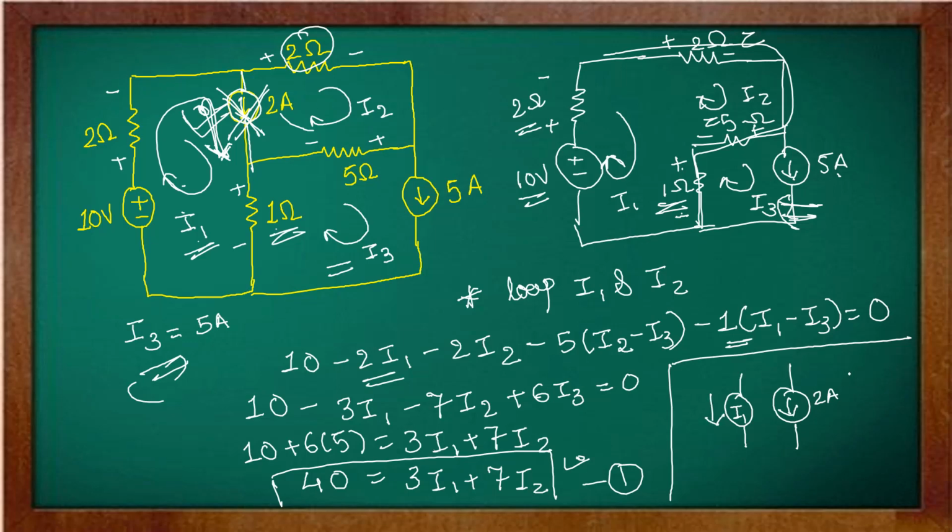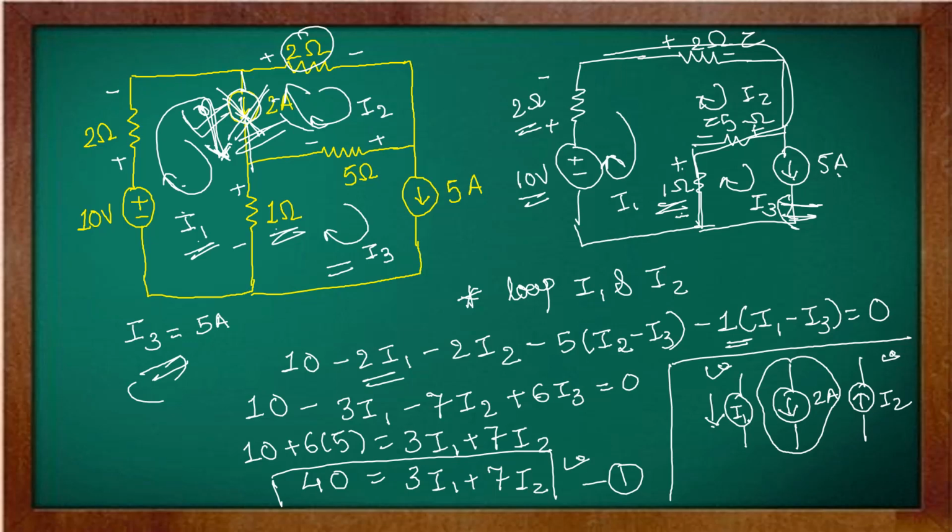Similarly, I2 is flowing in which direction? Up direction, like this. I2 is flowing in an up direction in this particular branch. So this current is a combination of I1 and I2, but the direction is opposite. This one is down and this is upward. So we know that when the current direction is opposite, we have to do the subtraction.